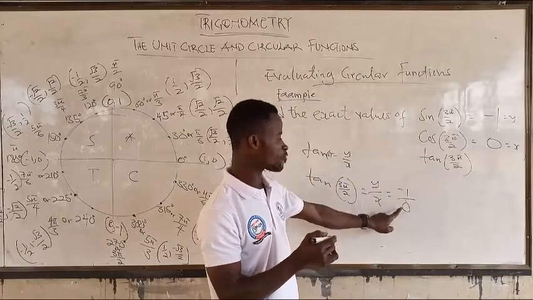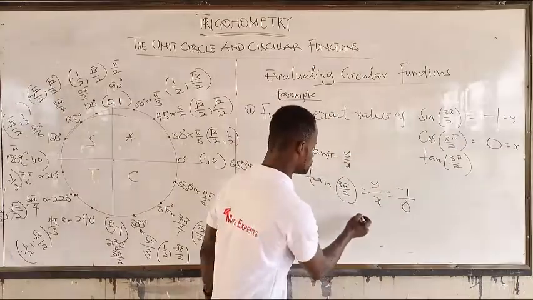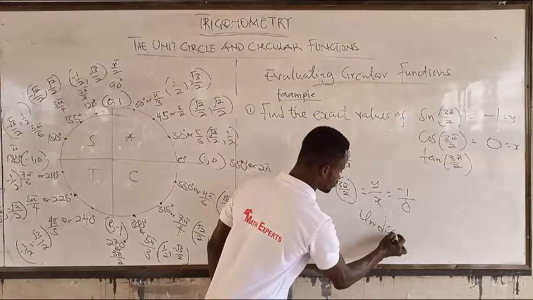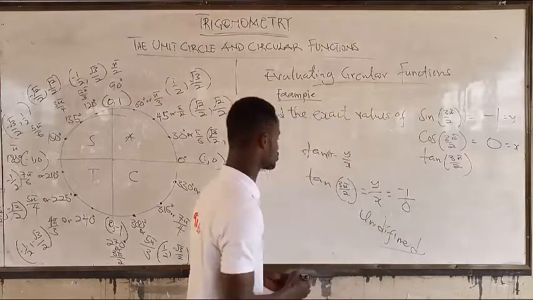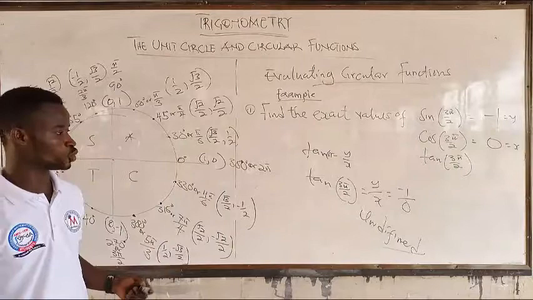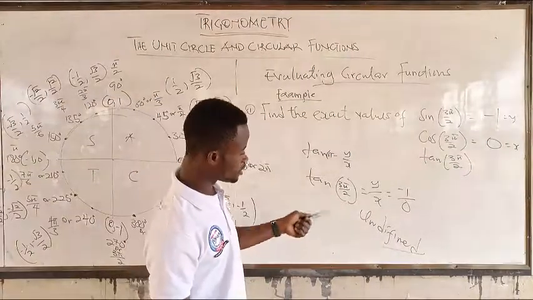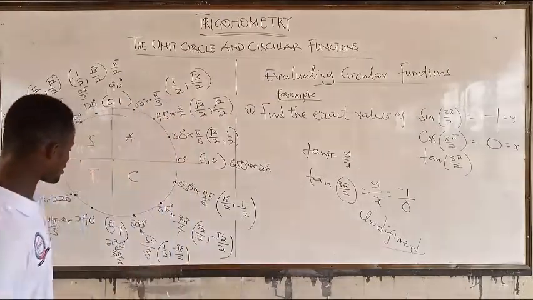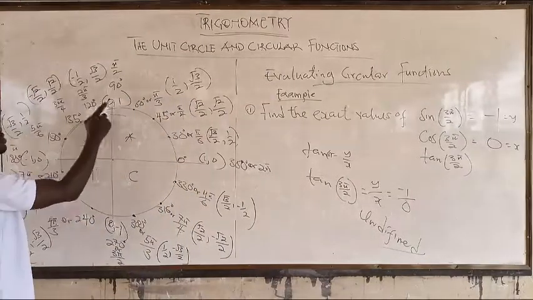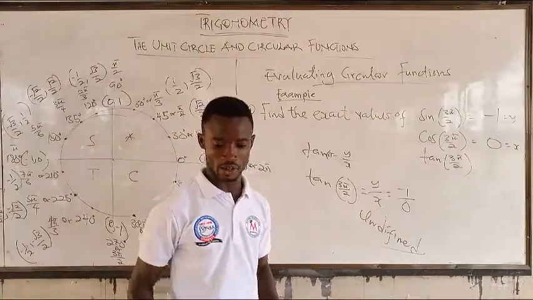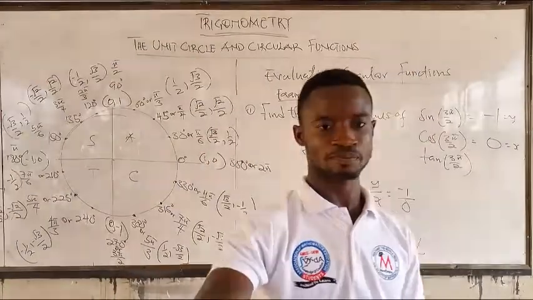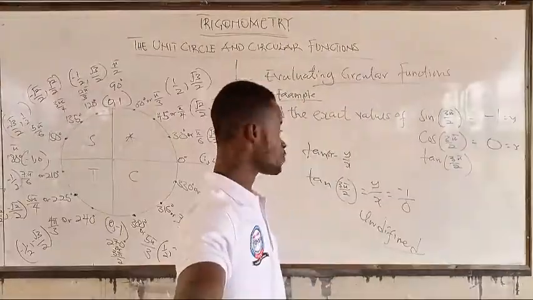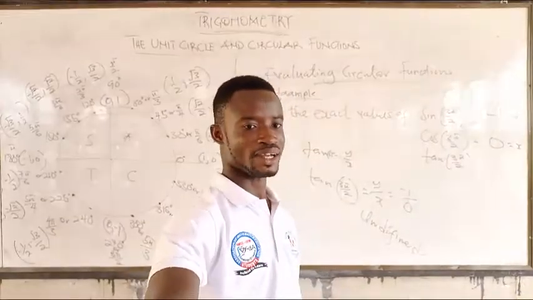So for tan 3 pi over 2, you are going to get it to be undefined. Very good. Thank you for the correction. Now let's move on to our next question.